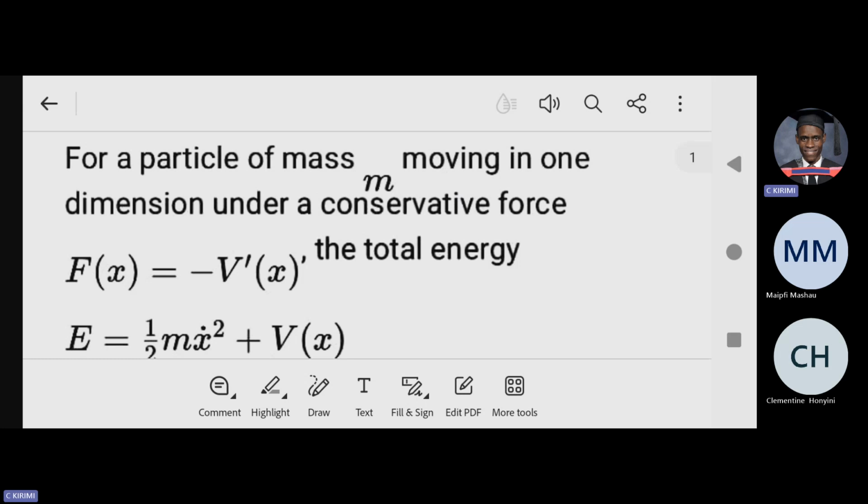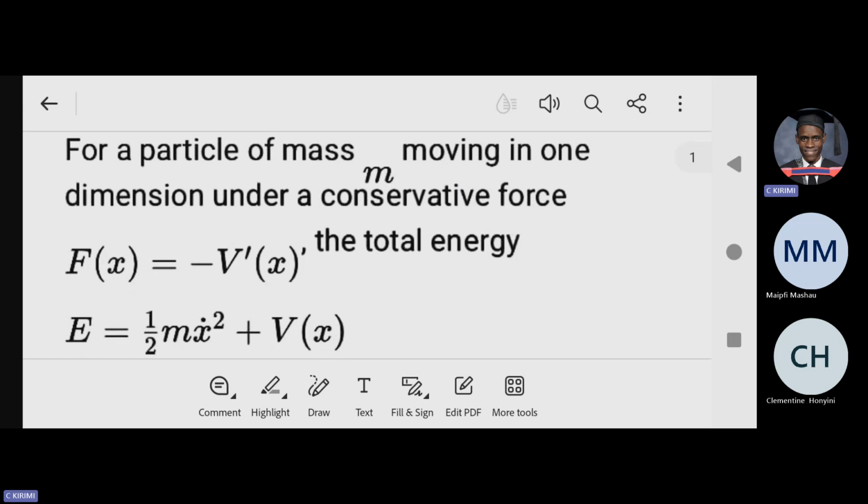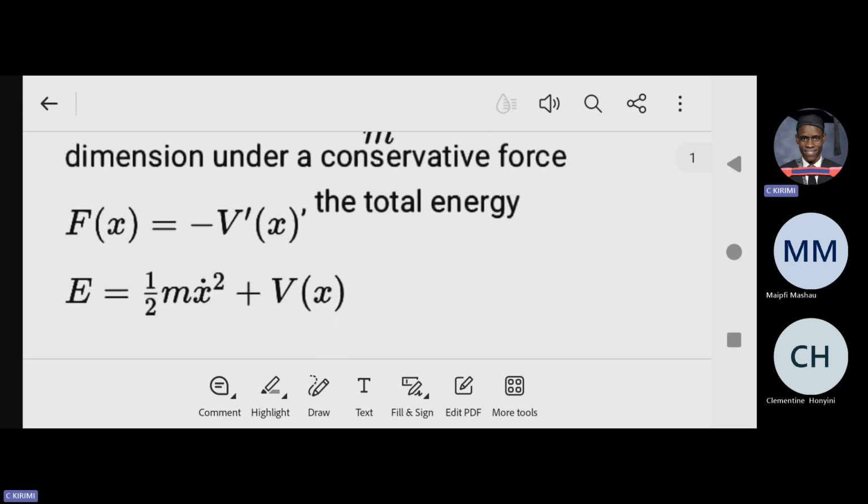By conservative force, we mean that the force is equal to the negative of the derivative of the potential, which means the total energy E. And remember, this one is moving in one dimension, not in two dimensions.